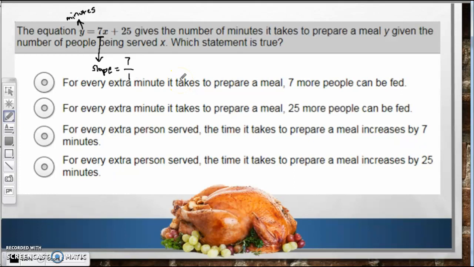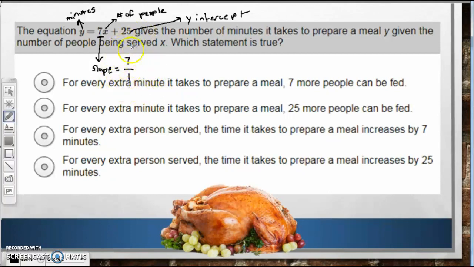X, they tell us, is the number of people. And 25 is the y-intercept.